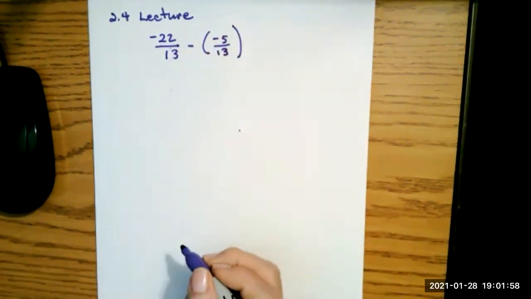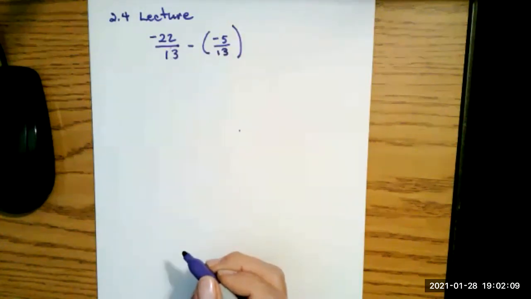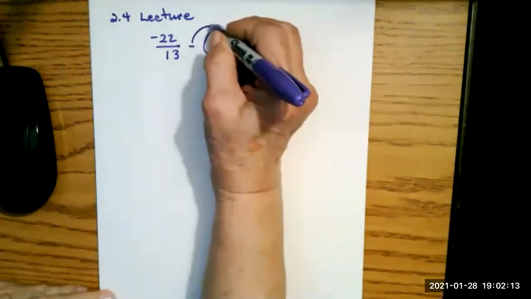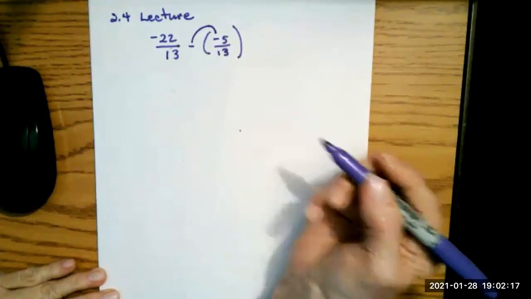This one does not need a common denominator because it already has one. If those 13s had been different, if one of them had been different, I would have had to find a common denominator. But I'm not going to have to do that in this case because they're already common. But I do have to change that to a plus because of those two negatives there.